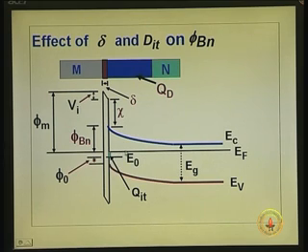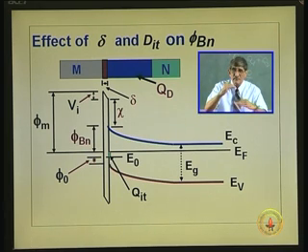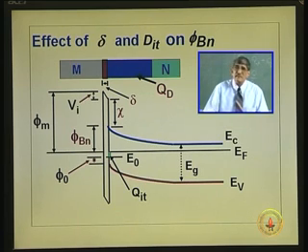Fermi level is above E naught. So, what will you say about the charges below E naught now? I repeat, below E naught all are donors and Fermi level is above E naught. That means all the donor levels are below the Fermi level, so all the donor levels are occupied. That means the charge in the donor levels is 0.